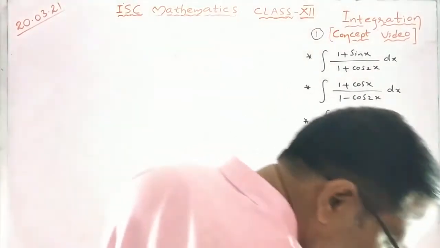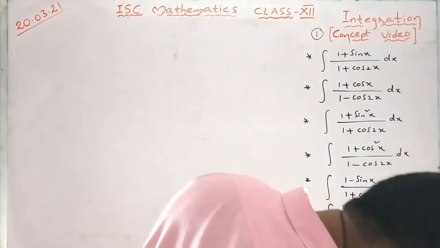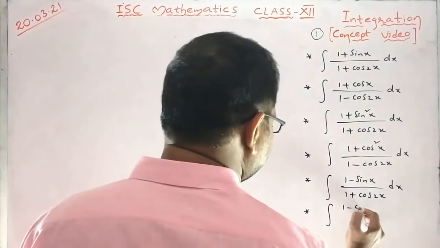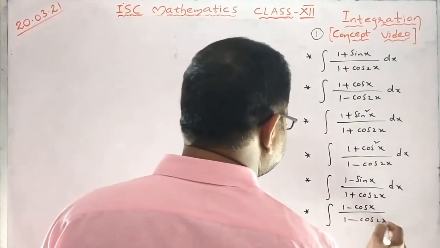So these are all same model problems. 1 minus cos x by 1 minus cos 2x dx.